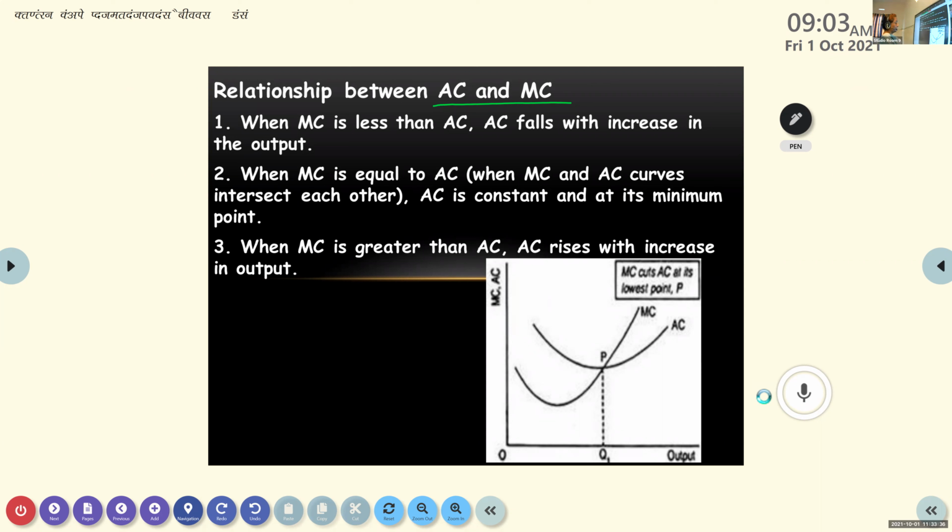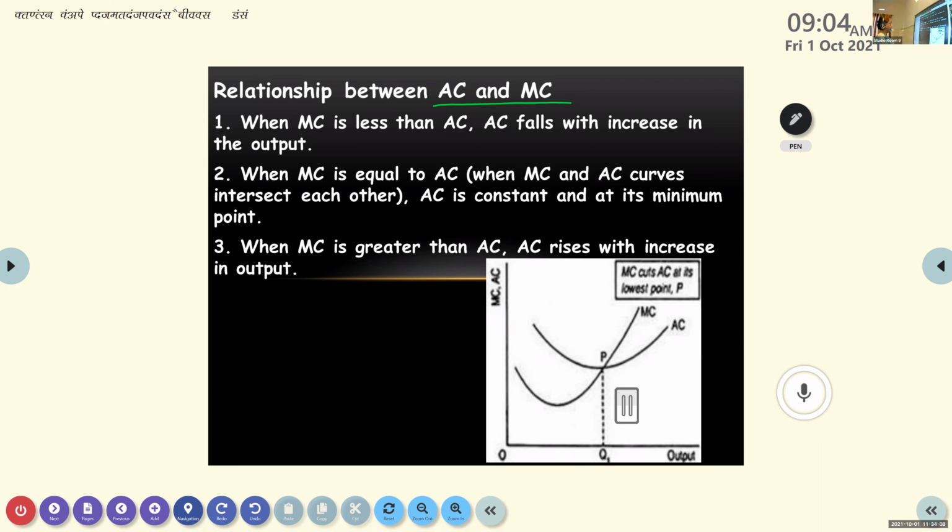As the output increases, both are getting reduced, but one speciality is there, that AC falls with the increase in output till the point when MC is below the AC curve. So till that point, AC falls with an increase in output.